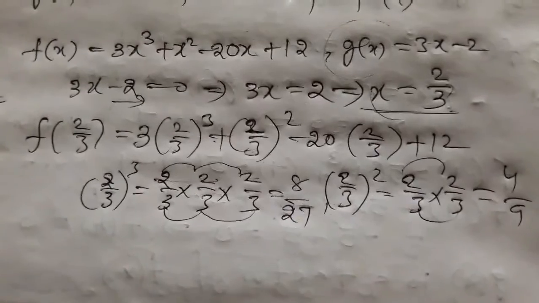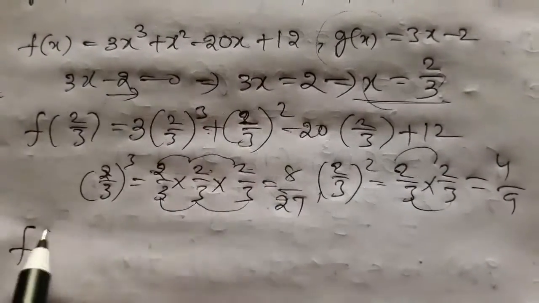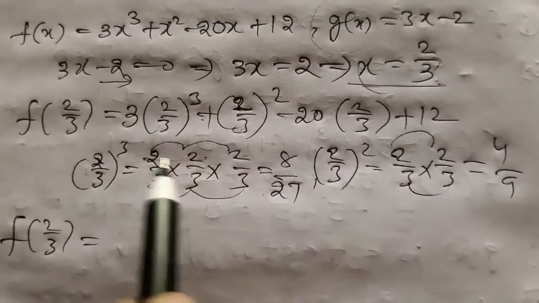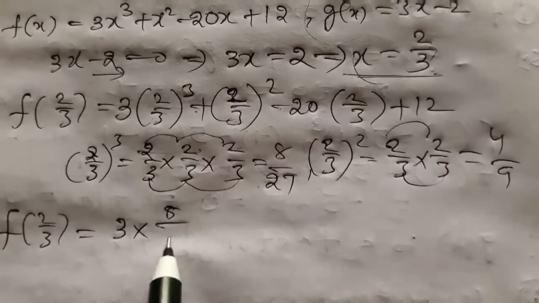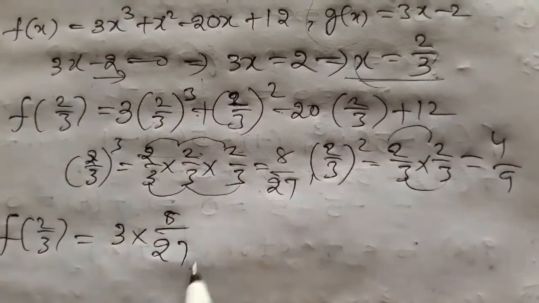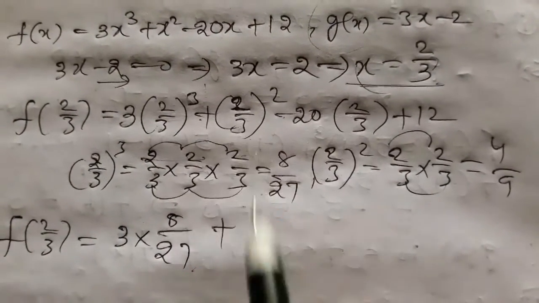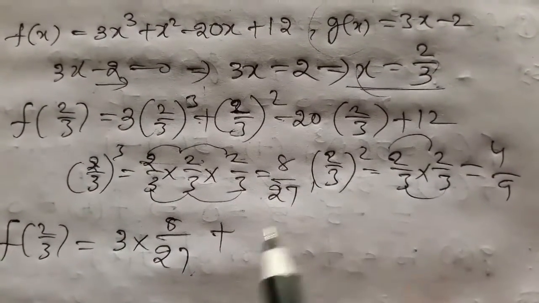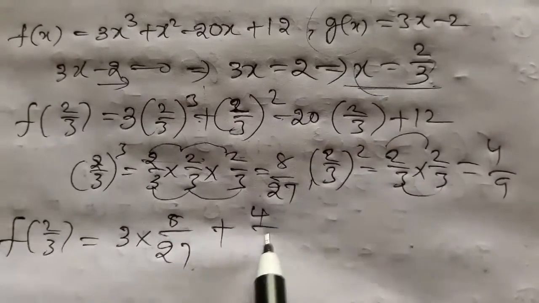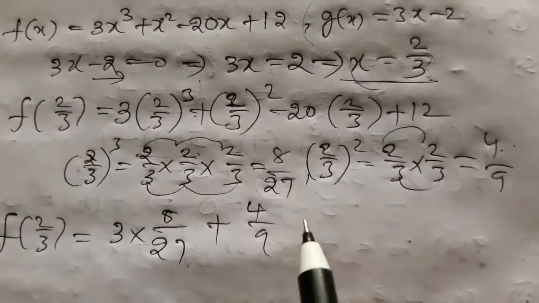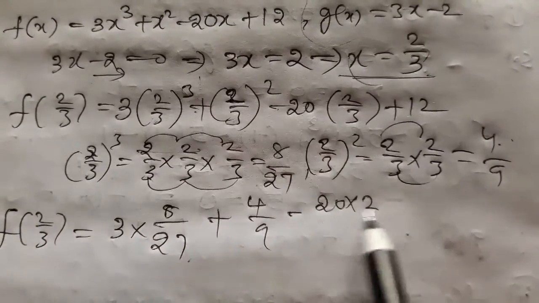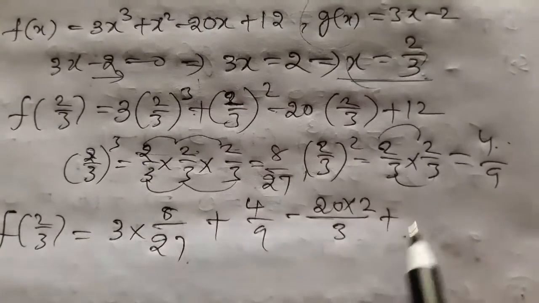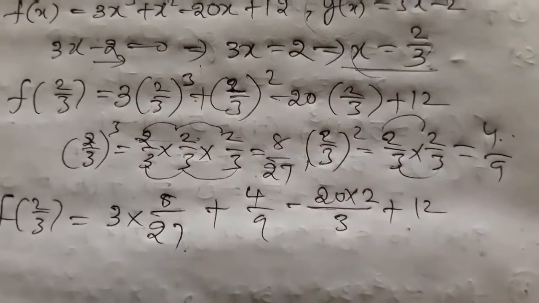Now see here, f of 2 by 3 is equal to 3 into 8 by 27, the 2 by 3 whole cube value, plus 2 by 3 whole square value, which is 4 by 9, already we found. Now minus 20 into 2 by 3 plus 12, isn't it?